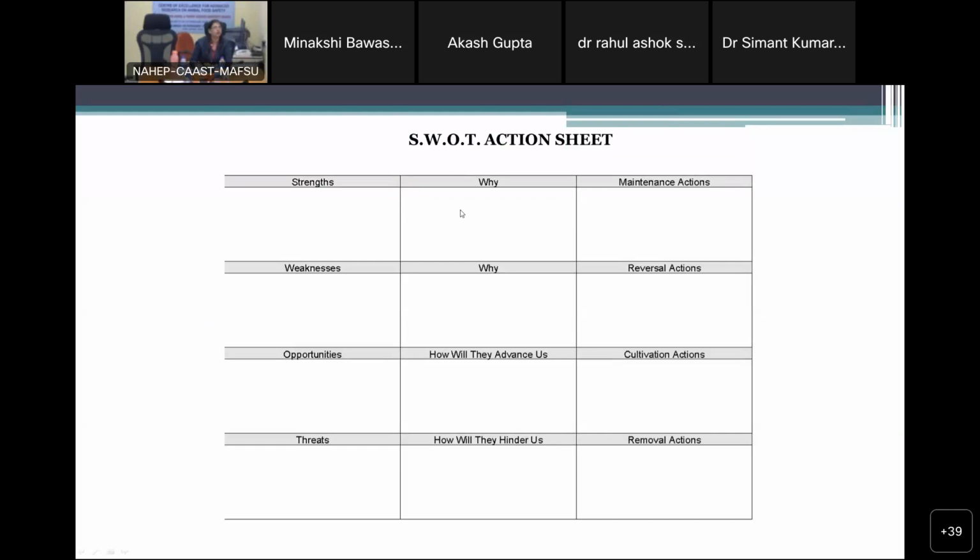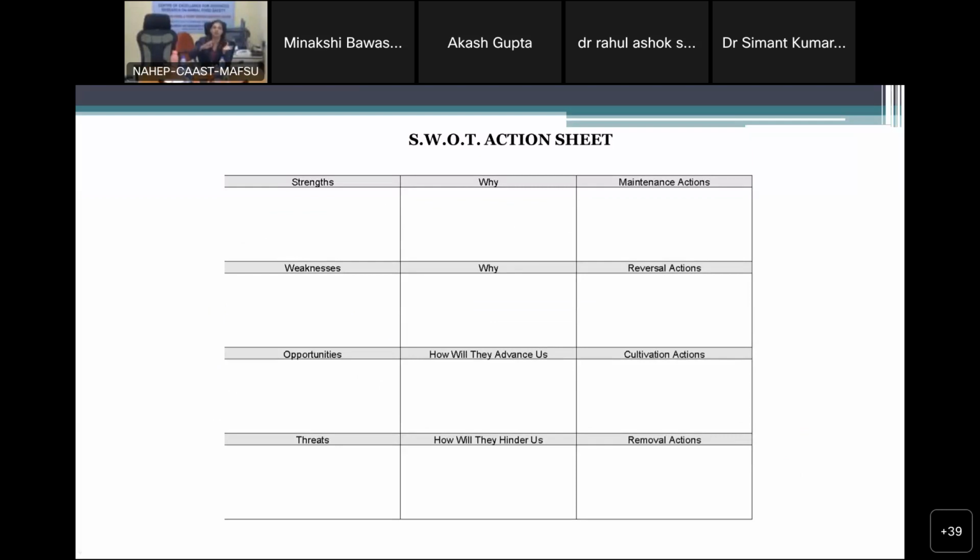Then strengths and maintenance. What kind of strengths do you have, why do you need those strengths, and how are you going to maintain them? The same goes for weaknesses: why do you have those weaknesses? And you don't have to maintain your weaknesses, you have to reverse them.